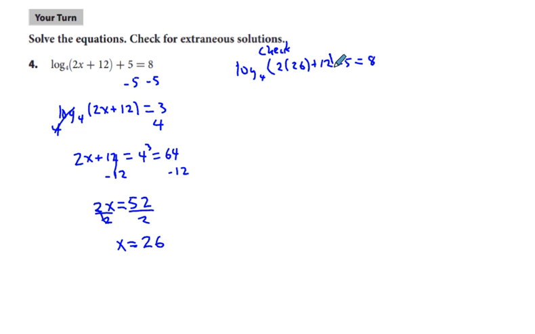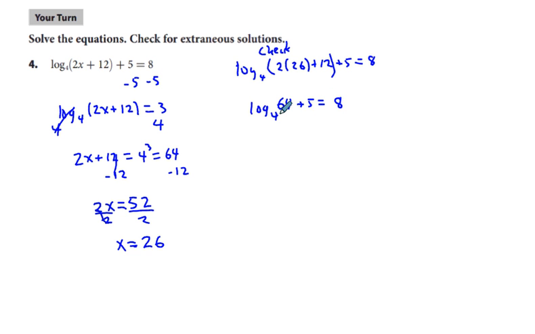On the left side, 2 times 26 is 52, plus 12 is 64, so log base 4 of 64 plus 5 is equal to 8.